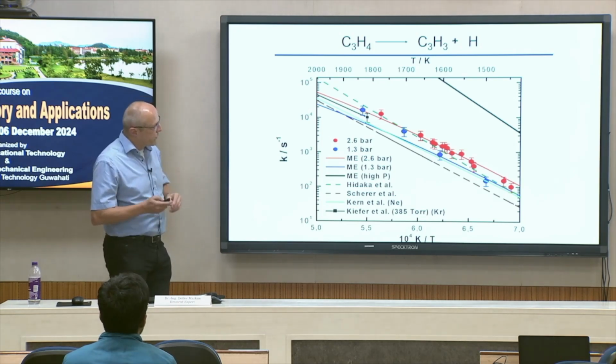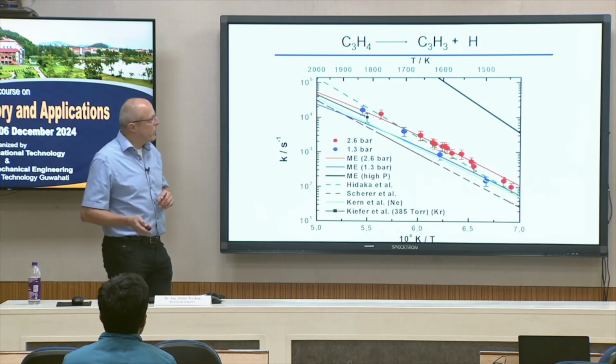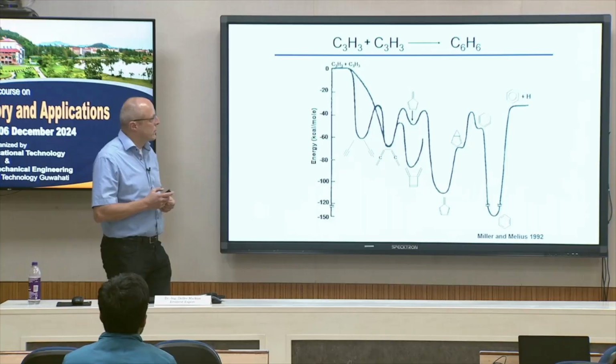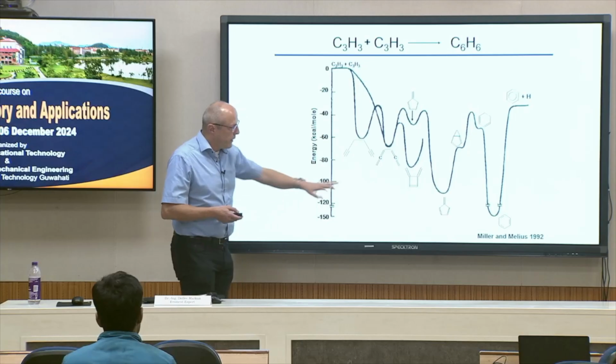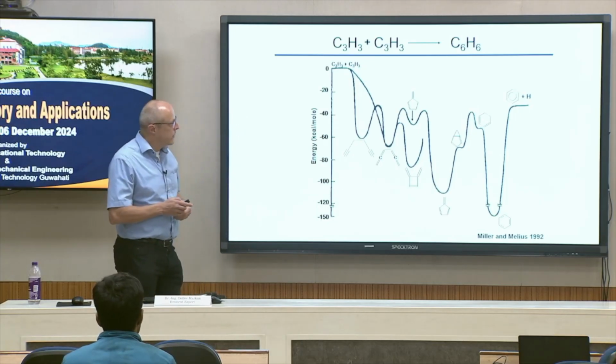So this is quite helpful, of course, to get information about these two important reactions. But then we come to the more complex situation, the recombination of two propargyl radicals leading to benzene.